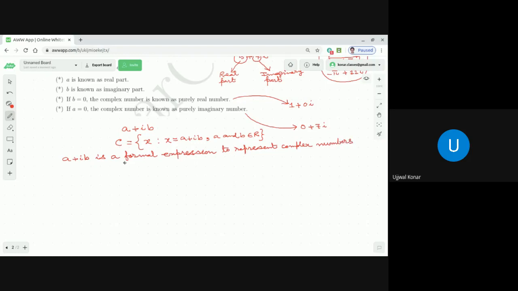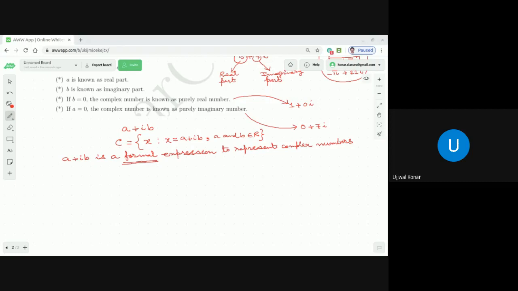Now, I want to emphasize this word formal. What is meant by that? The term formal indicates that we do not attribute any meaning to them. We do not ask what they might signify, and we do not try to relate any such expression to any real thing. We regard them in a strictly formal fashion.